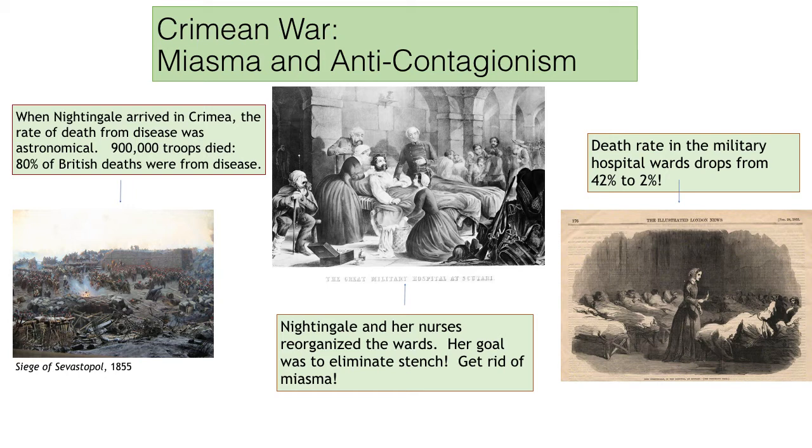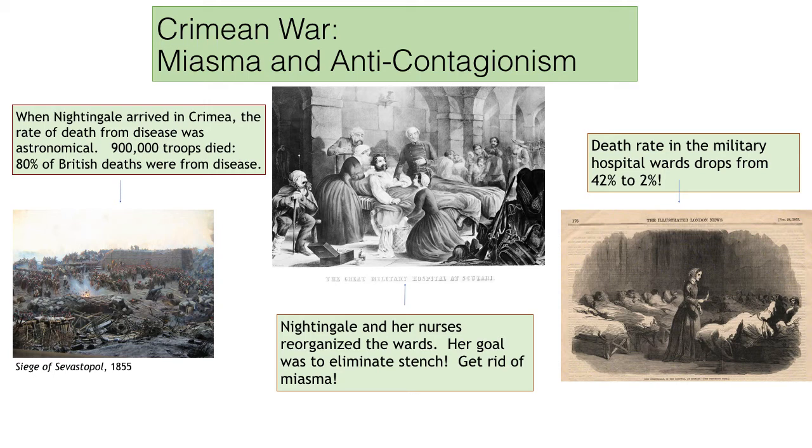So in the slide here, we see when Nightingale arrived in the Crimea, the rate of death from disease was very, very high. 900,000 troops had died, and 80% of all British deaths were from disease. Now, Nightingale and her nurses reorganized the wards, and again, her goal was to eliminate stench and to get rid of miasma.